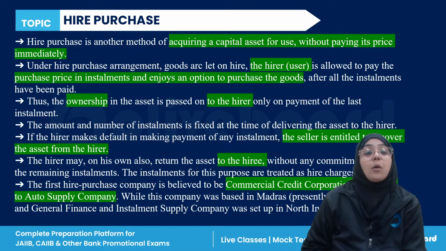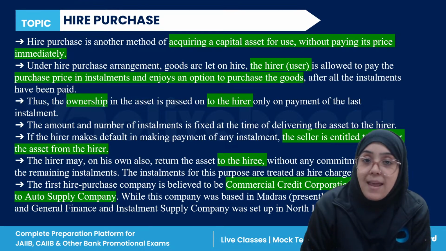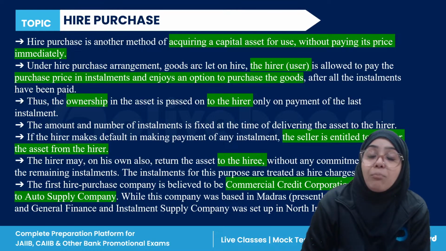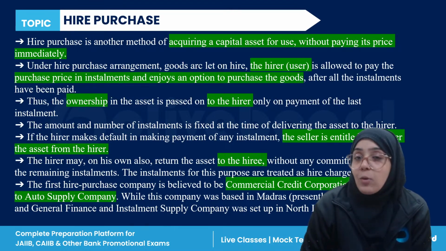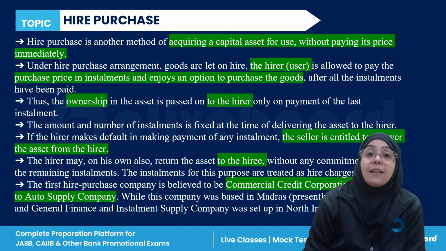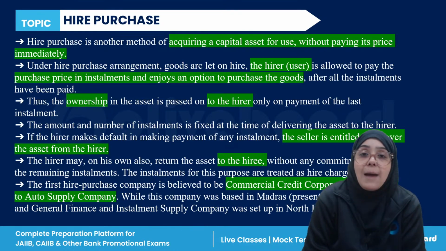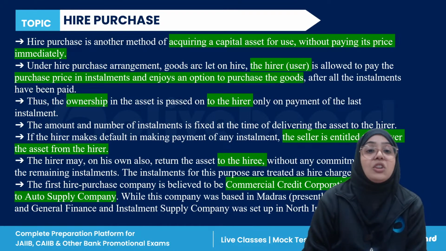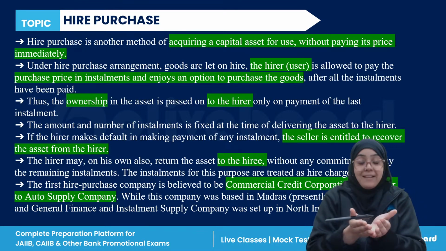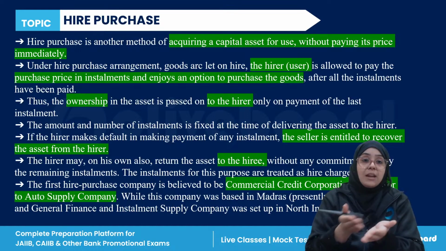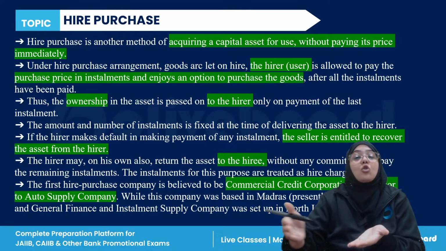Now next is hire purchase. What is hire purchase? Hire purchase is another way of acquiring a capital asset for use without paying its price immediately. For example, I have purchased a car, but instead of paying the full amount, I split the whole amount into installments spread over a period of time.